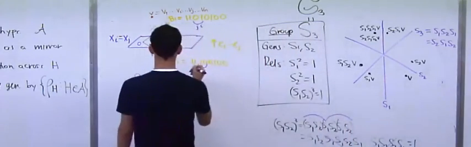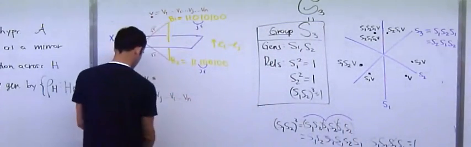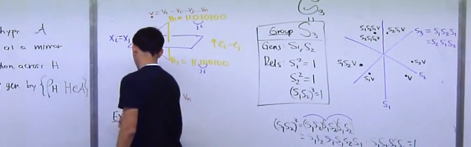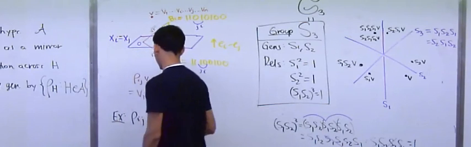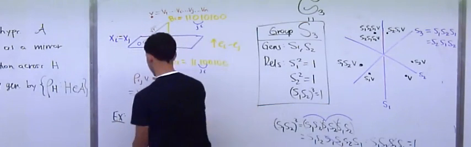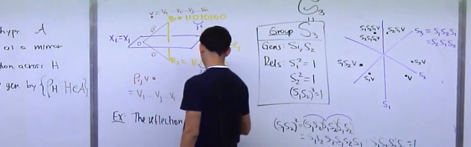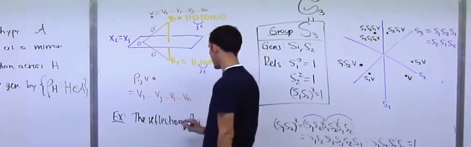So this is a nice exercise. Rho ij, the reflection. Rho ij simply swaps coordinates i and j.